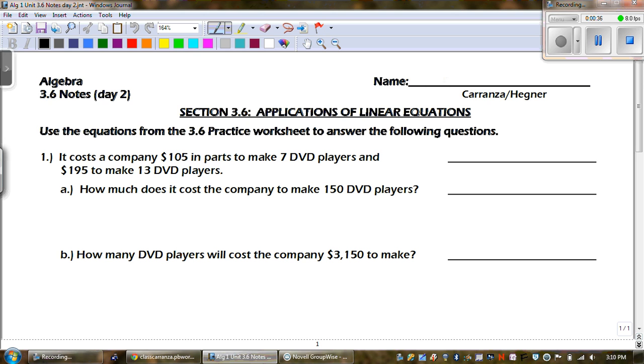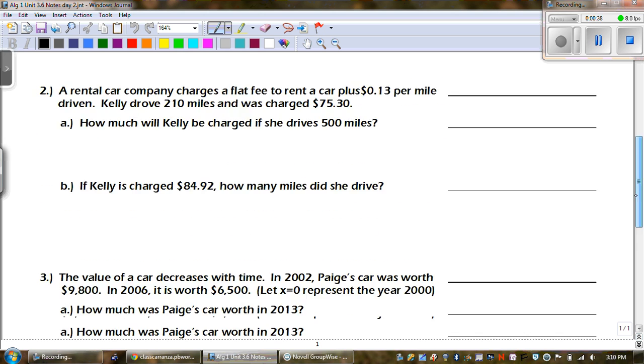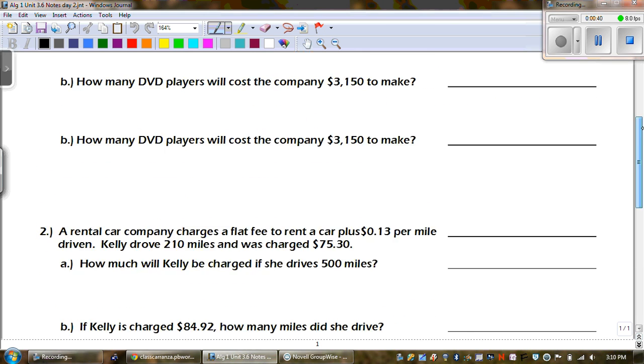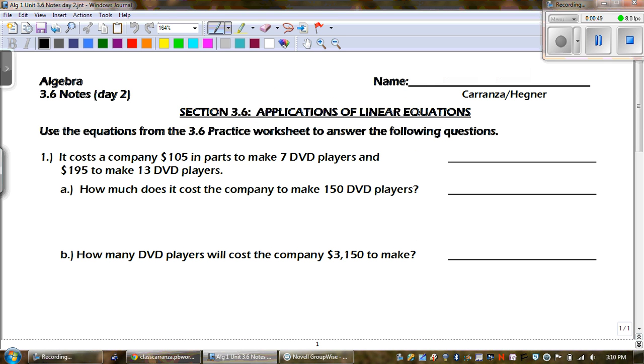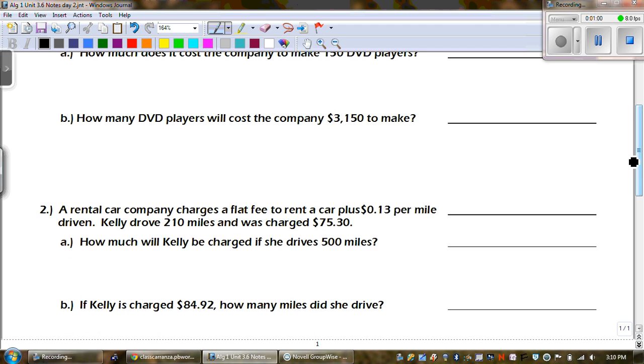Anyways, from the notes, questions 1, 2, 3, and 4 all relate to the same questions 1, 2, 3, and 4 from last night's homework. So we're going to take those same equations: y equals 15x, which I think is what you had to solve for B. For 2, we had y equals 0.13x plus 48.